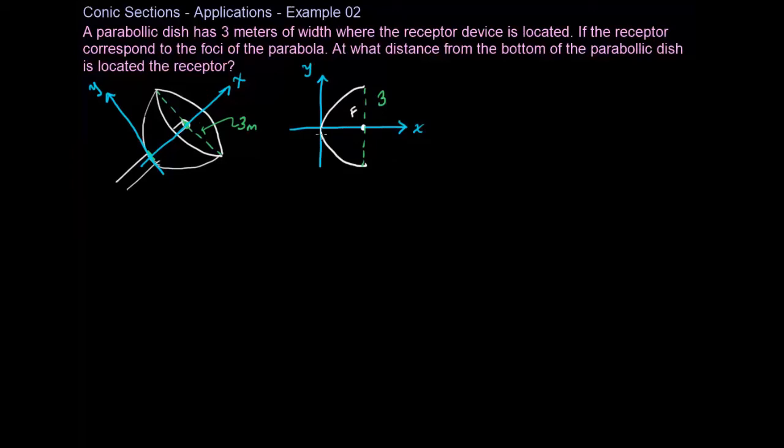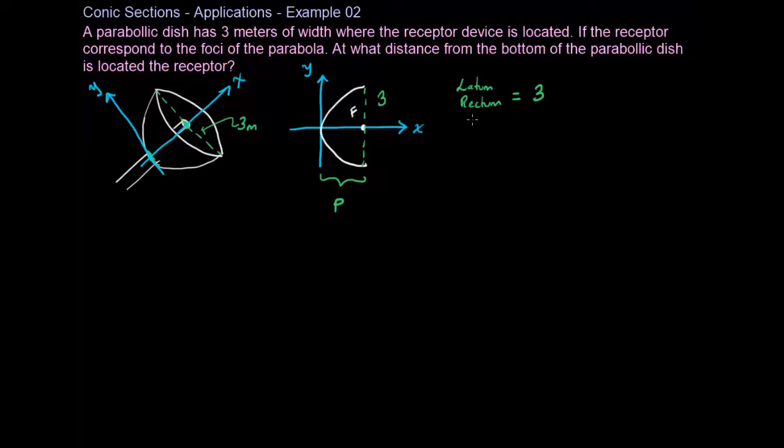The thing is, we are trying to locate the distance from the foci to the vertex, and we know that this distance is equal to p. Now, another thing we know is that this length from the foci to the borders of this parabola is what we call the latus rectum. This latus rectum would be equal to 3 in this case.